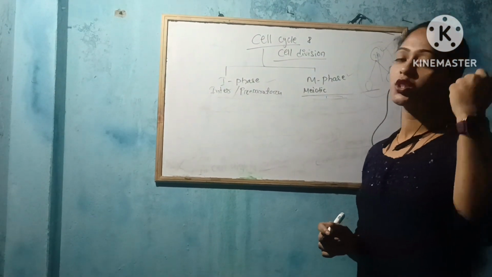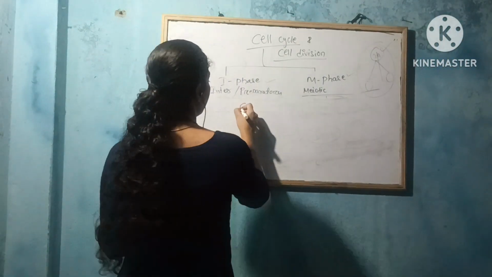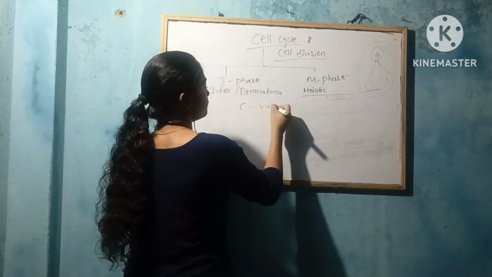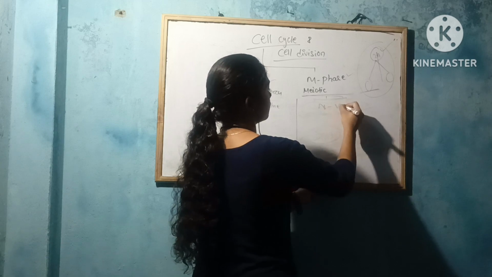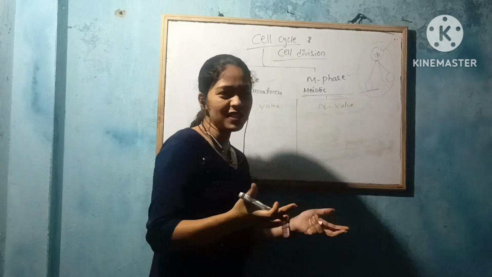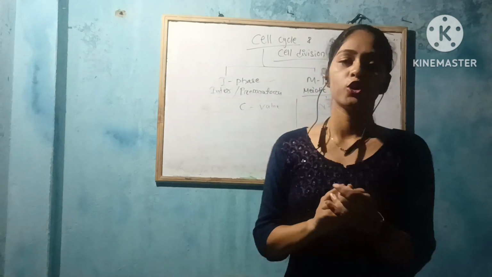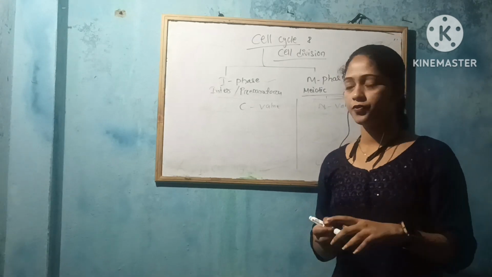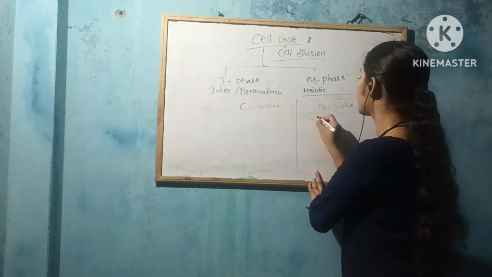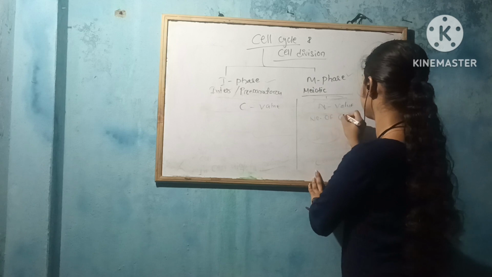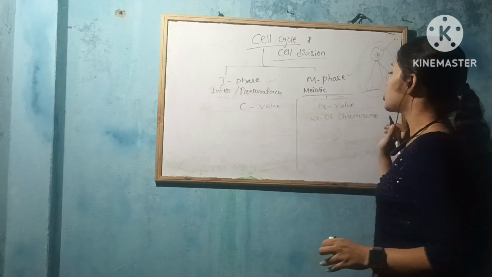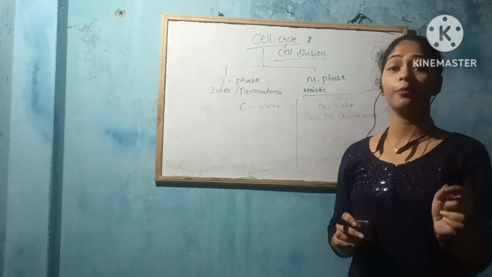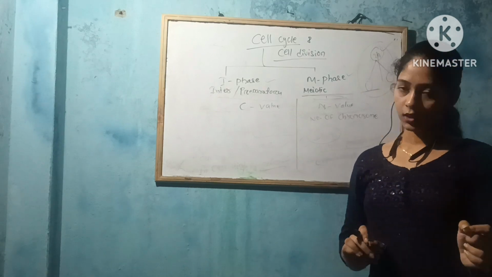The numerical questions will be regarding your C value and N value. So what is C value, and what is N value? N value stands for the number of chromosomes inside the cell.